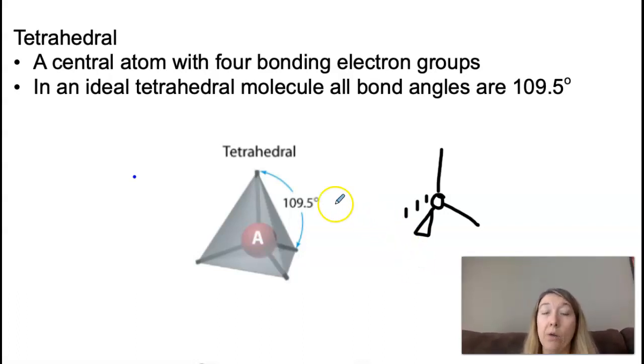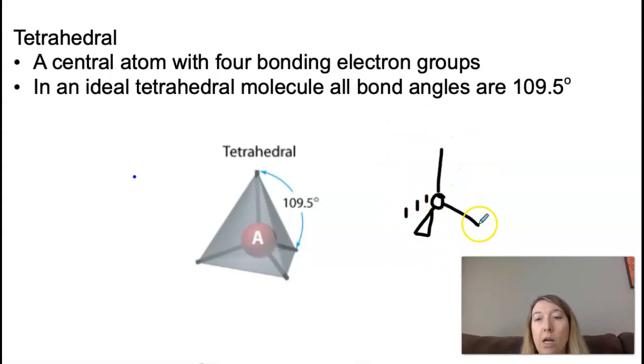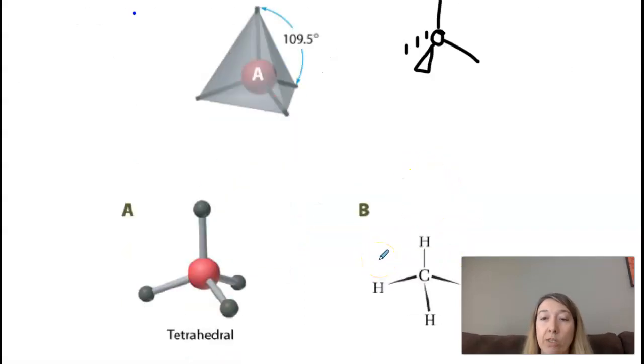So we have a three-dimensional shape with this particular molecule. What we find is our angle changes to just under 110 degrees. Again, you don't need to actually know the number, but you need to be able to recognize that when we have a central atom with four things attached to it and no lone pairs, it's going to take on this tetrahedral shape, which is going to have two regular lines, one wedge, and one set of dashes, right?